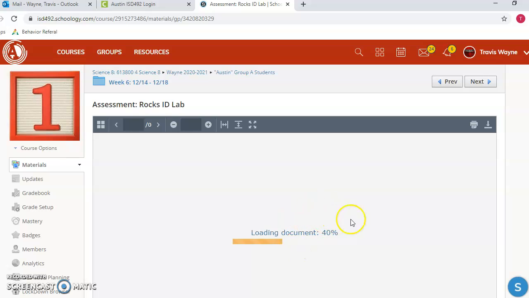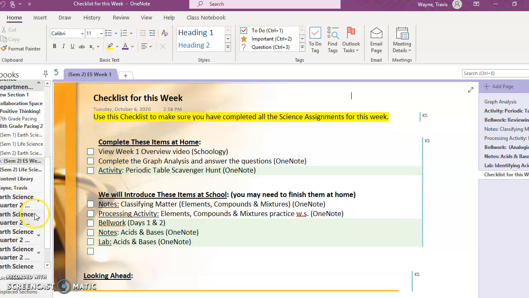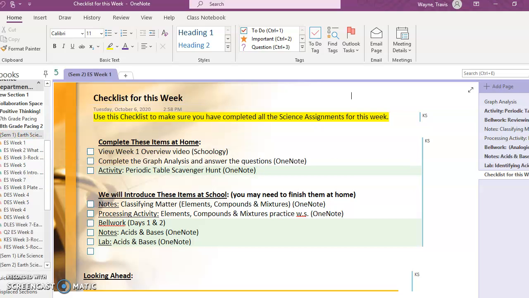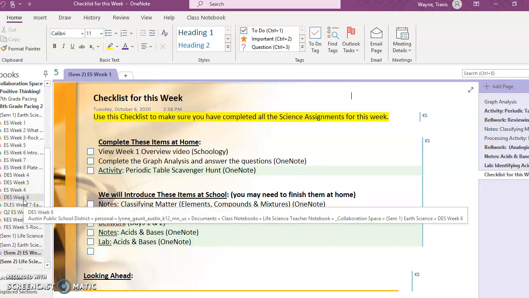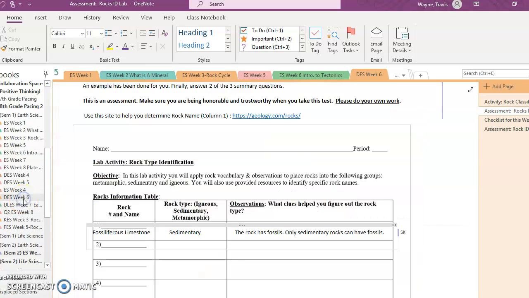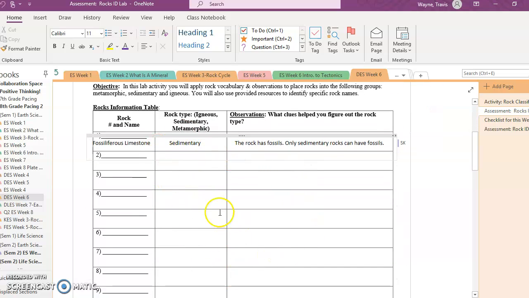As this is loading, the other place you're going to have to go is Schoology. Within Schoology, you are going to need to go to your week 6 as well. And then in week 6 on your OneNote is your formal lab sheet.